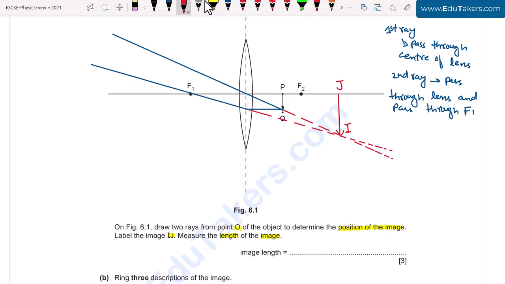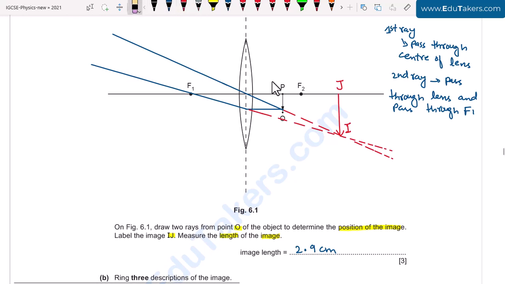Again, we use the ruler and measure its length, and it comes to be 2.9. So I write here the length of this image is 2.9 centimeters.